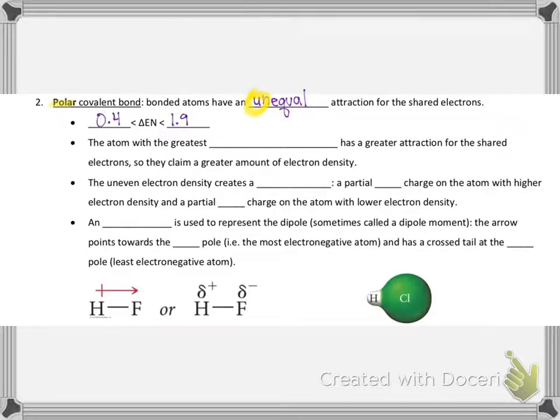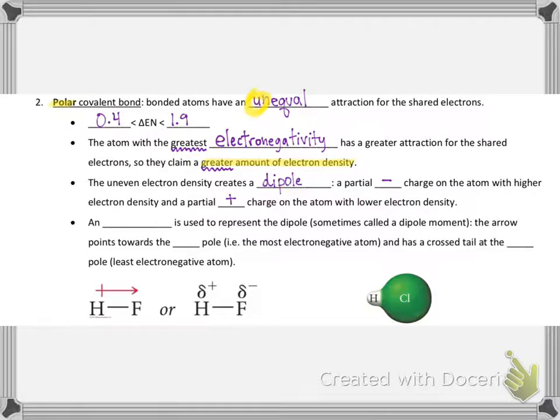So the atom that has a greater electronegativity has a greater attraction for the shared electrons, so it will have a greater amount of electron density. So this unbalanced electron cloud, the uneven electron density, creates what's called a dipole or a dipole moment. This means there's going to be a partial negative charge on the atom with a higher electron density and a partial positive charge on the atom with lower electron density.